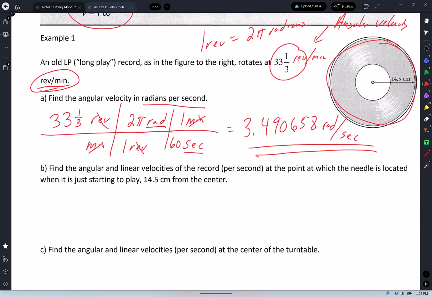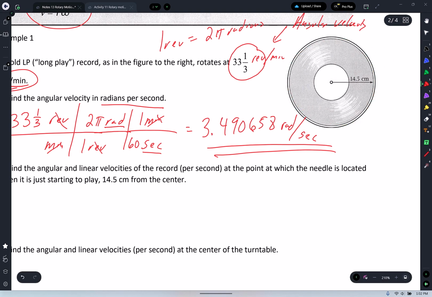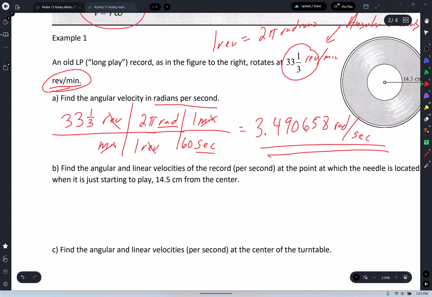Letter B. Find the angular and linear velocities of the record per second at the point which the needle is located when it is just starting to play 14.5 centimeters from the center. All right. So they want the linear velocity and angular velocity right over here at the 14.5 centimeter range, right at the edge of that needle there. So my angular velocity is the same.